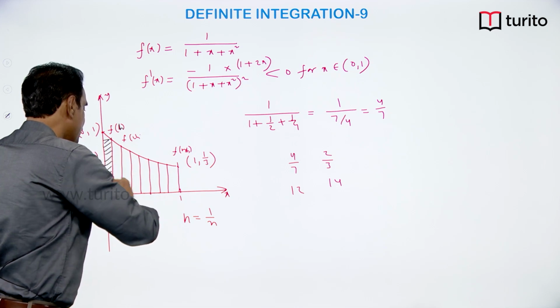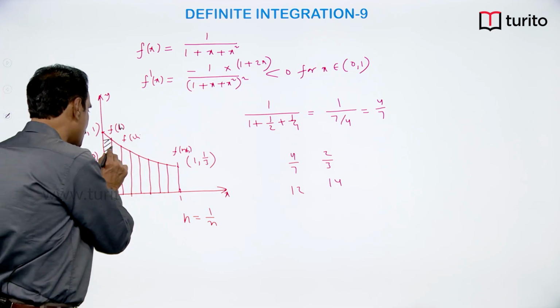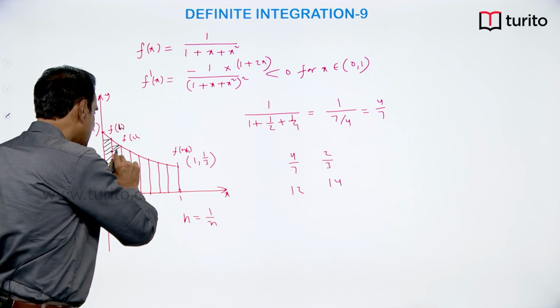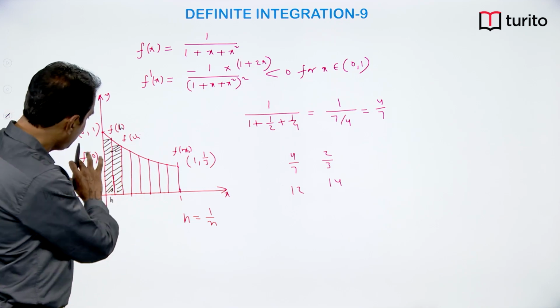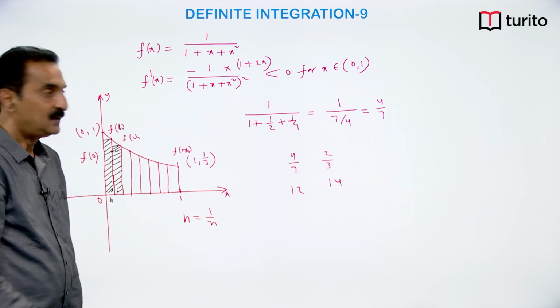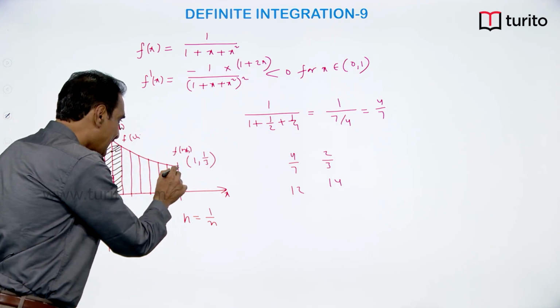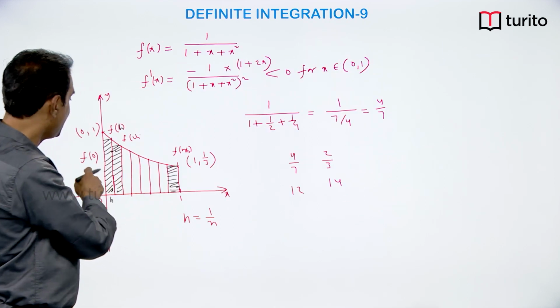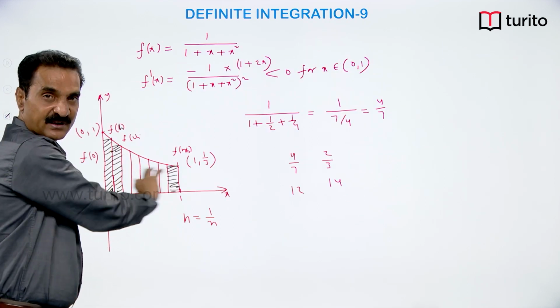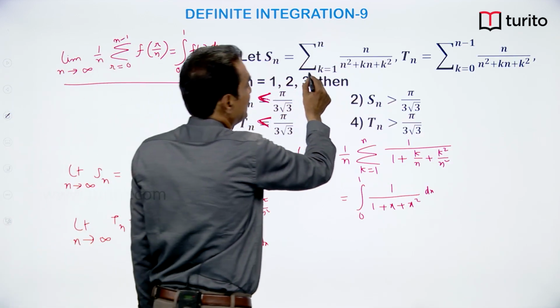For k is equal to 1, you will get this area. For k is equal to 2, you will get this area. In this way, if you add up to f of nh, what will you get? This is the shaded area, in the same way, is the value of Sn.